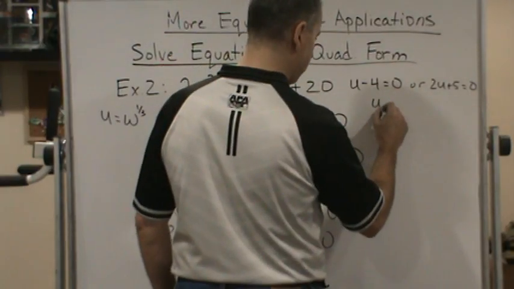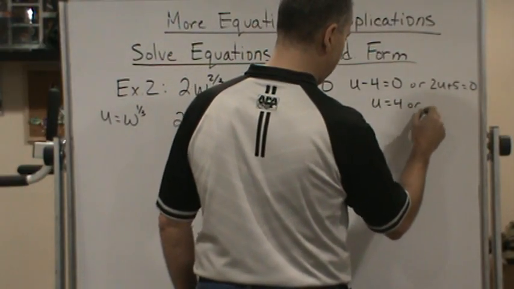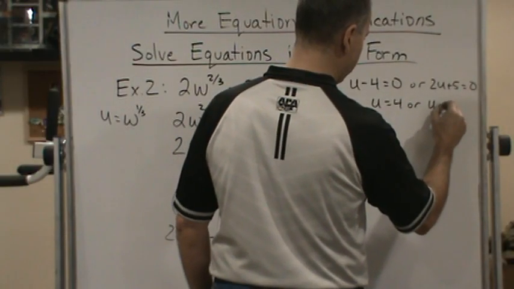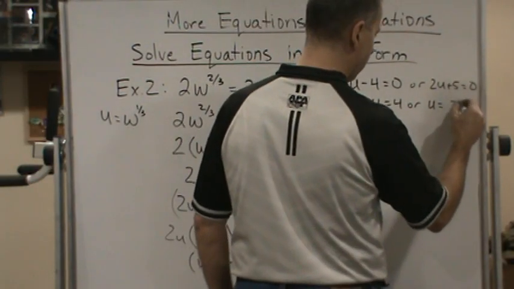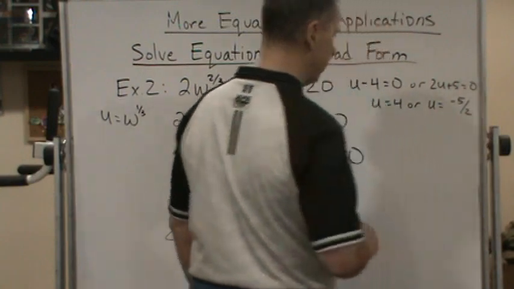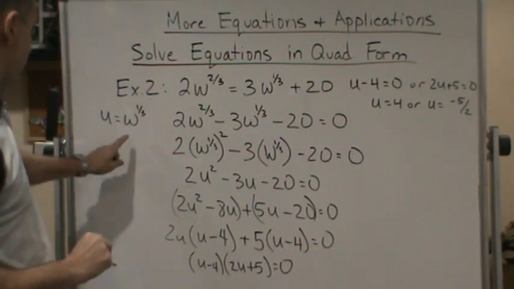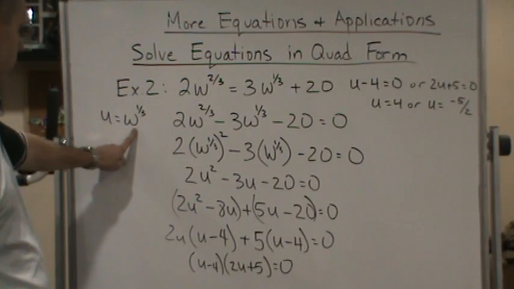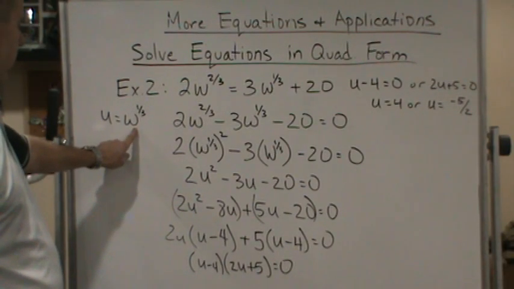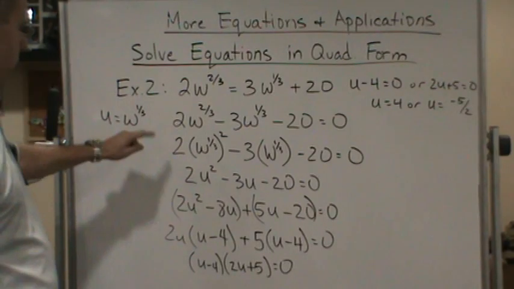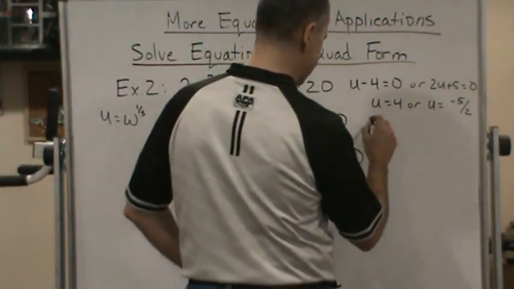So that means u is equal to 4, or u is equal to negative 5 halves. But we're not done, because u is equal to the cube root of w, or w to the 1/3 power. So let's replace that with w again.